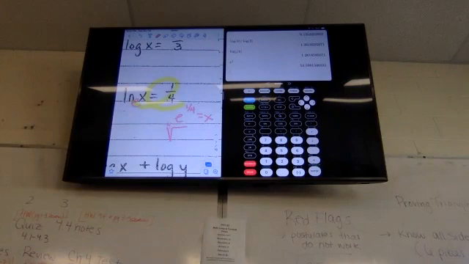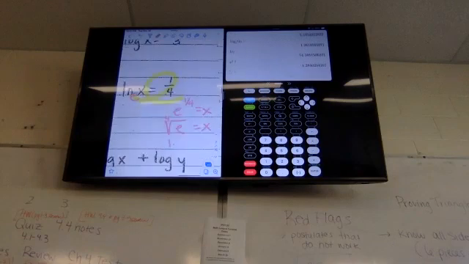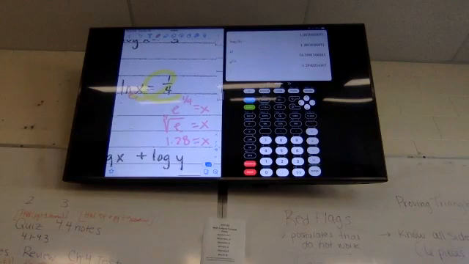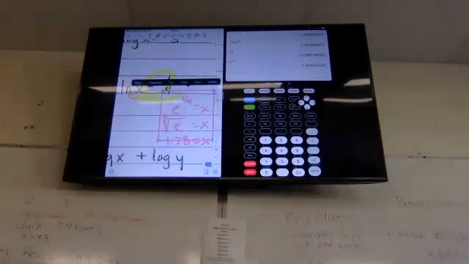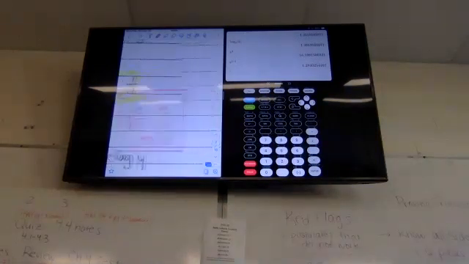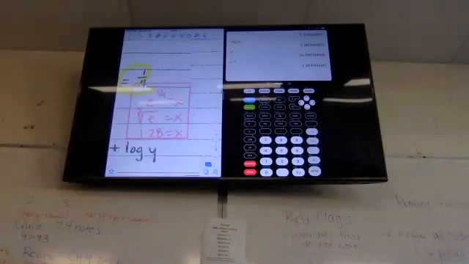You can make it the 4th root of e equals x. You can do it in the calculator: second e caret 1 divided by 4, and you get 1.28. All of those are okay answers. I don't hate any of them. Those are all fine.